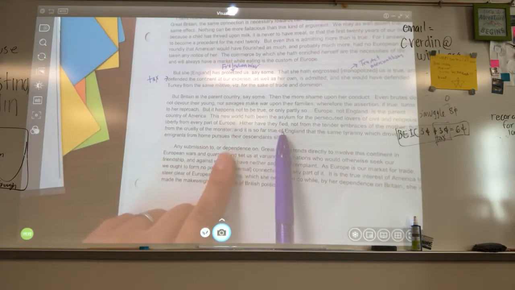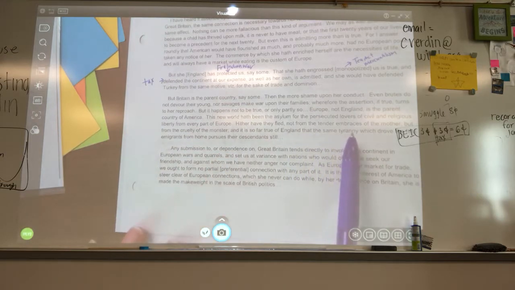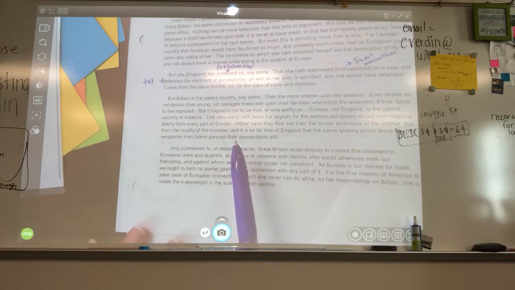"Hither have they fled, not from the tender embraces of the mother, but from the cruelty of the monster. And it is so far true of England that the same tyranny which drove the first emigrants from home pursues their descendants still." Oh, so people are fleeing her because, is she a good mom or a bad mom? Bad.